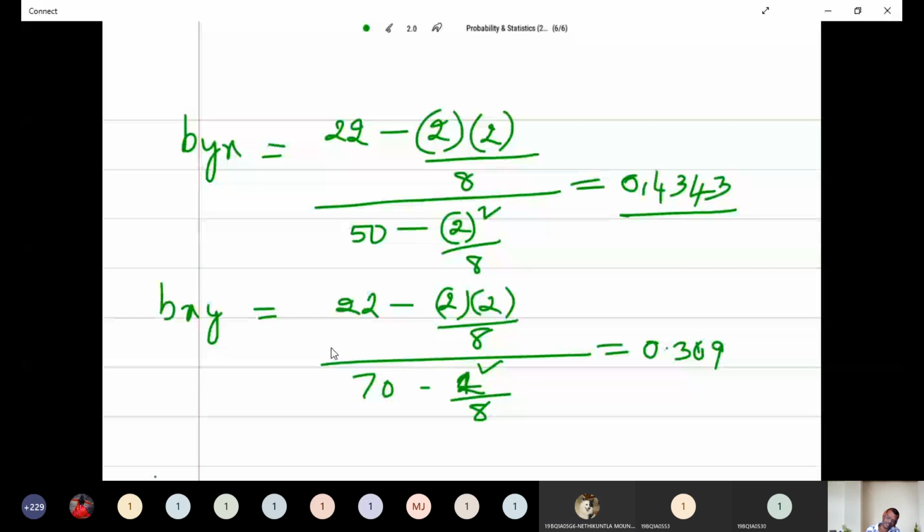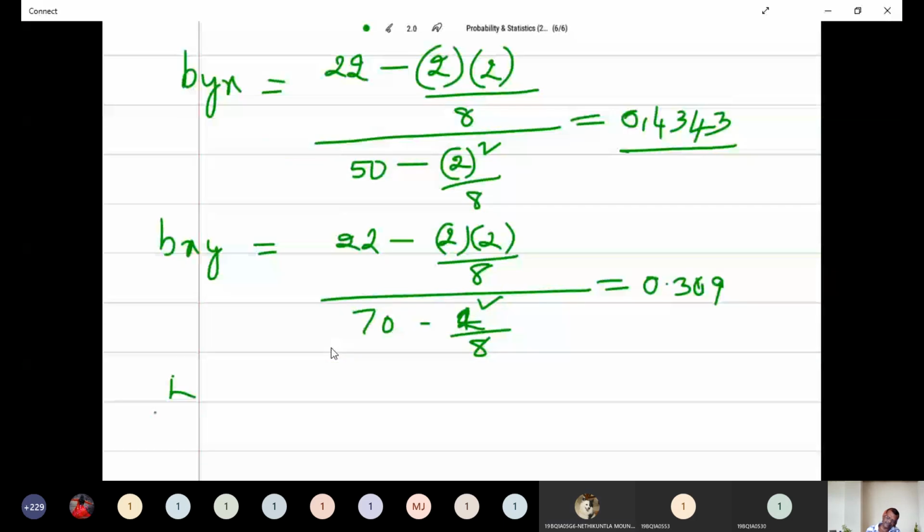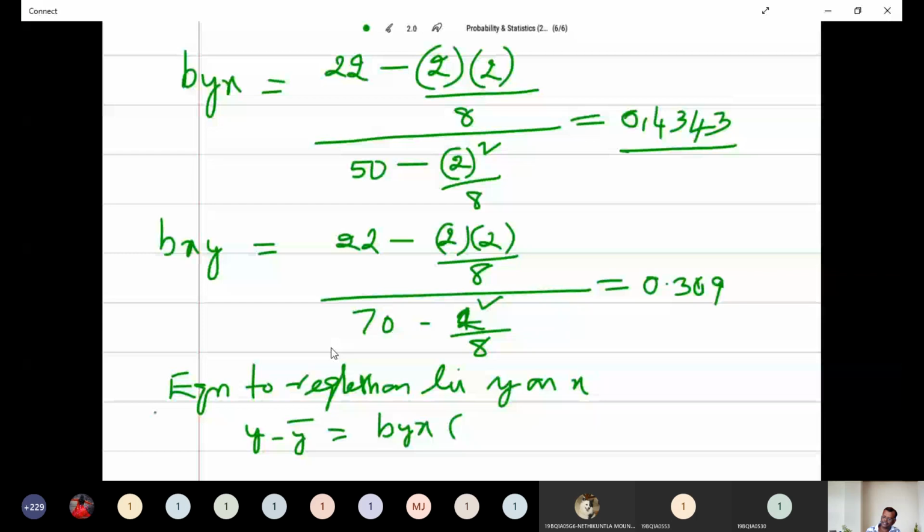Now, the equation to regression line y on x is y minus y bar equals byx into x minus x bar.